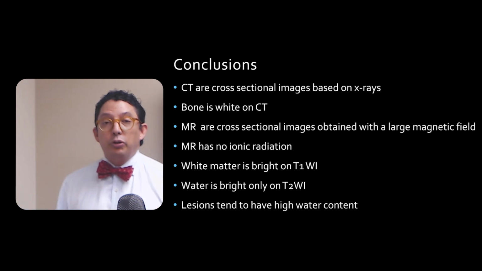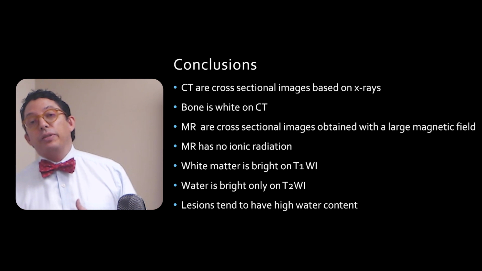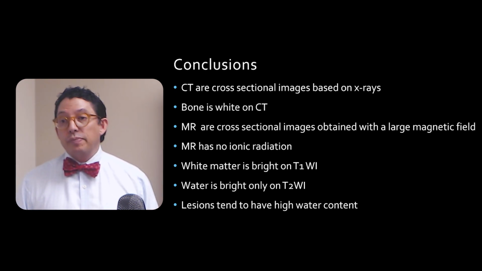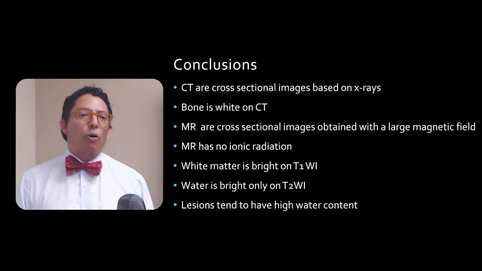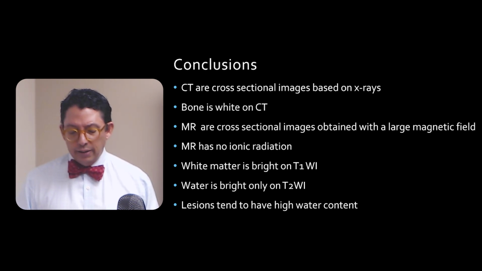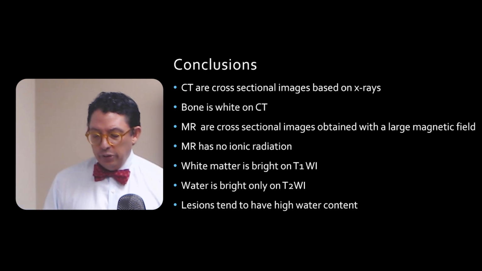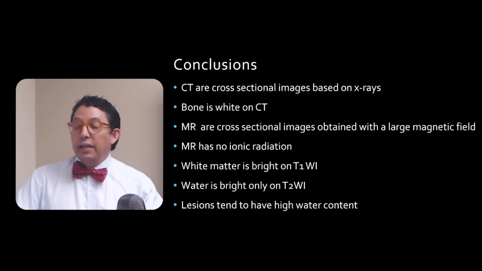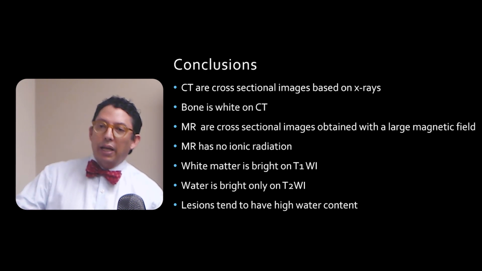Another thing that we reviewed today is how you see the differences between CT and MRI in images. And the first thing we looked for was the bone, that if the bone was bright, we were going to call that a CT. That you can have cross-sectional images with MRI by putting the body in a huge magnetic field.